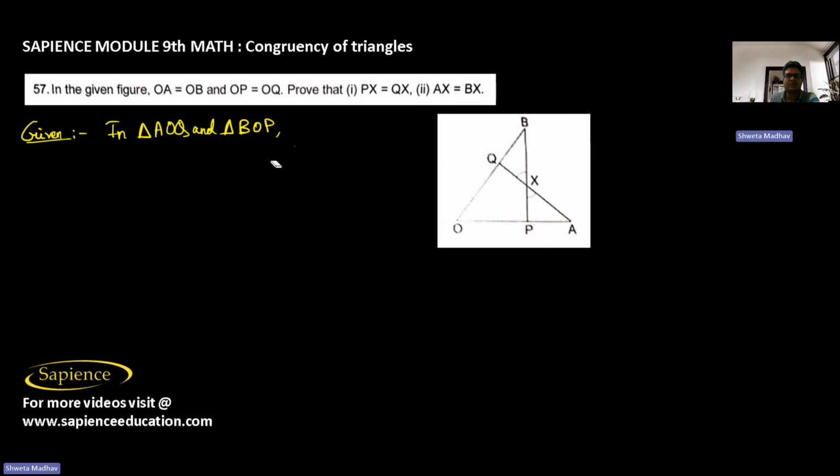So in triangle AOQ and BOP, P and Q are points on the sides AO and BO respectively.